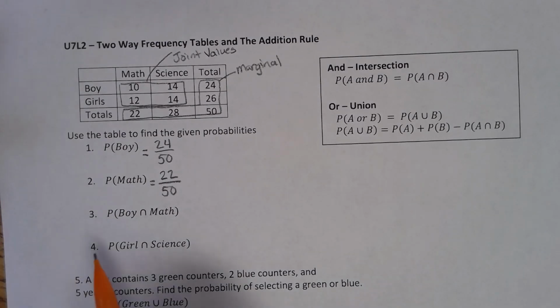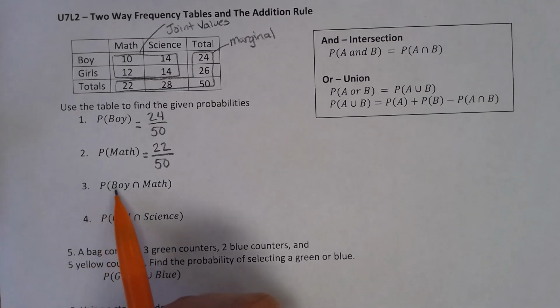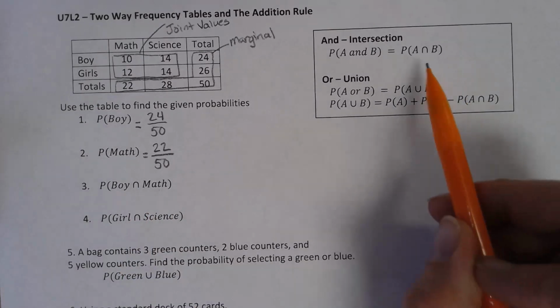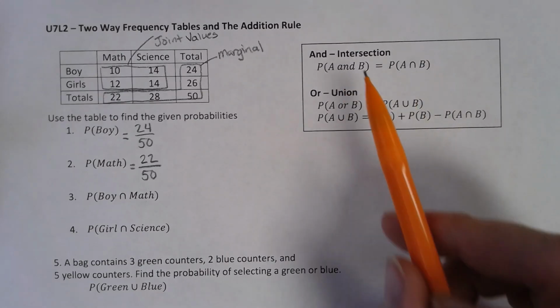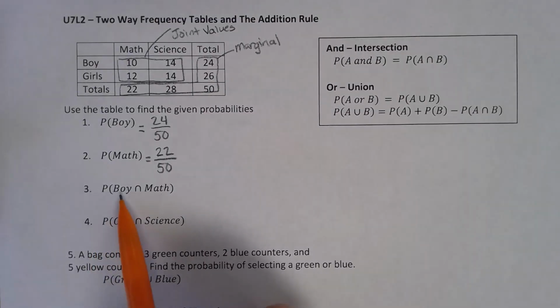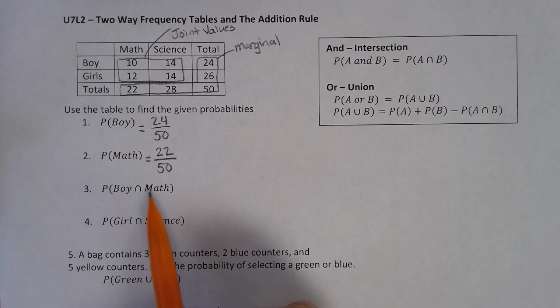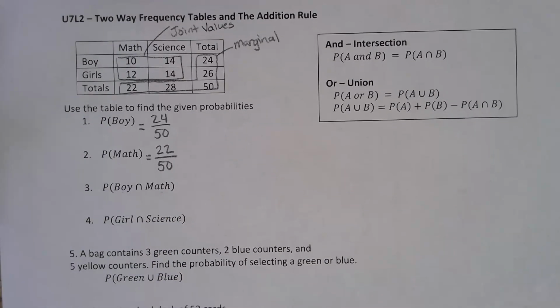So let's find the probability of a boy and liking math. This symbol, the upside down U, represents an intersection, so that is "and." So we want to find the probability that they are a boy and they like math. Let's take a look with the highlighter here.